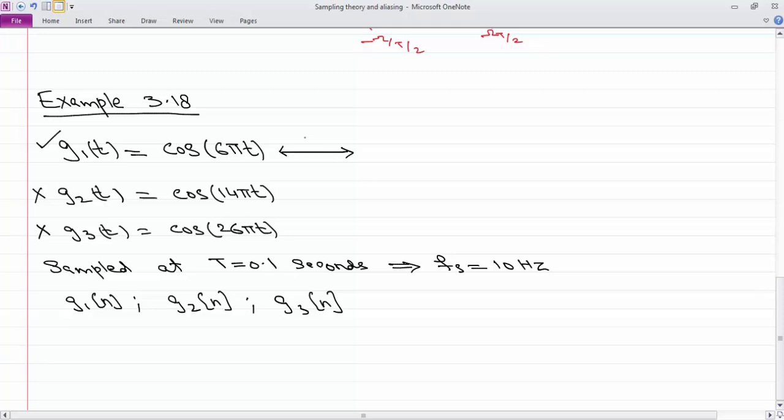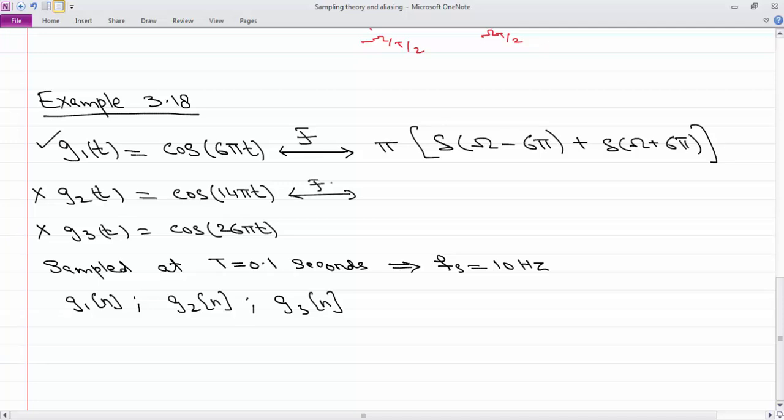So to understand that, we'll look at the frequency domains. The Fourier transform of a cosine, of course, is just two impulses at the locations of the frequencies. So this is the Fourier transform of this 3 Hertz cosine.